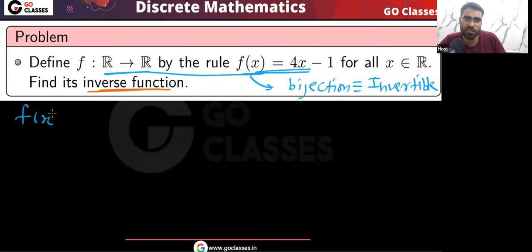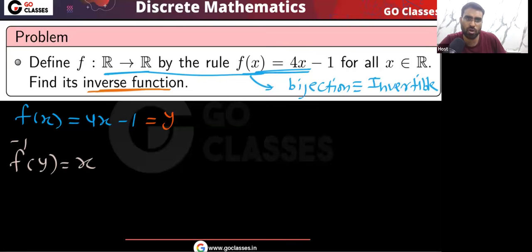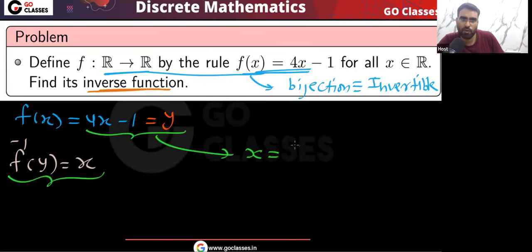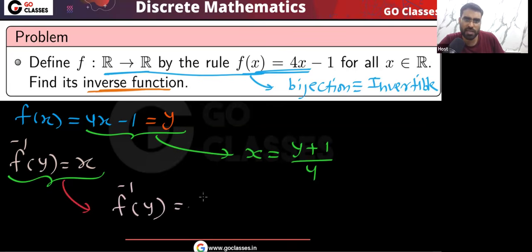See, f(x) is given to you, that is 4x minus 1. Just assume this is y. So tell me, what will be f inverse y? That will be x. From here, what is x? x is (y plus 1) by 4. So you got f inverse y is equal to (y plus 1) by 4.